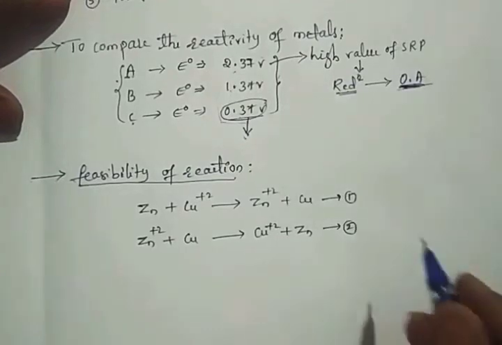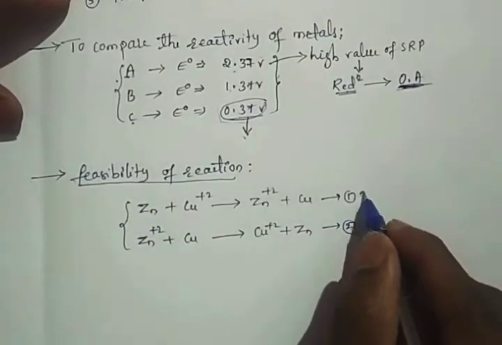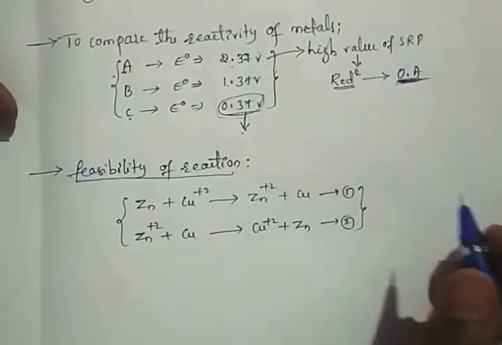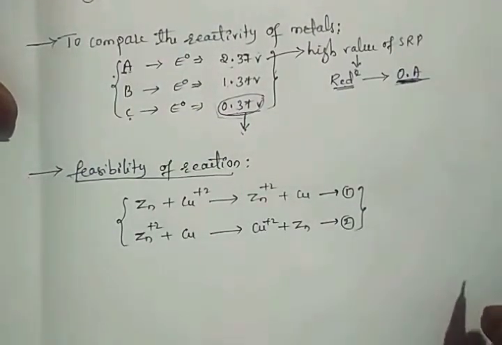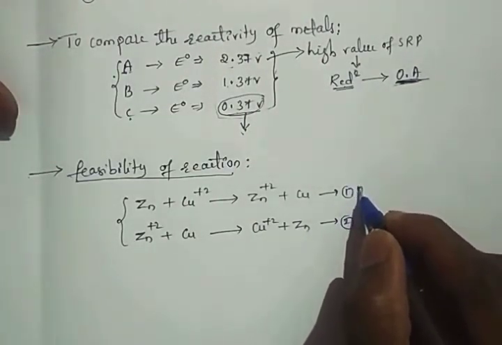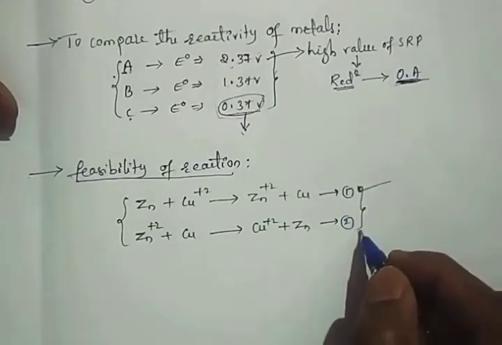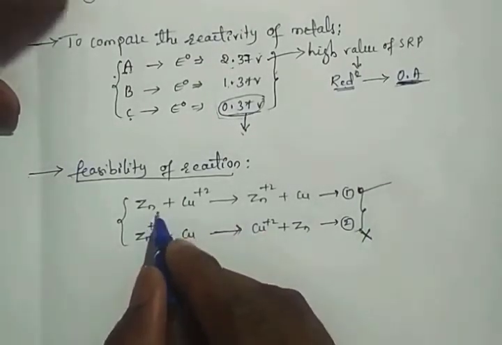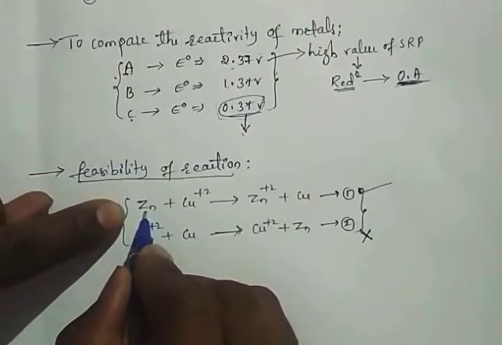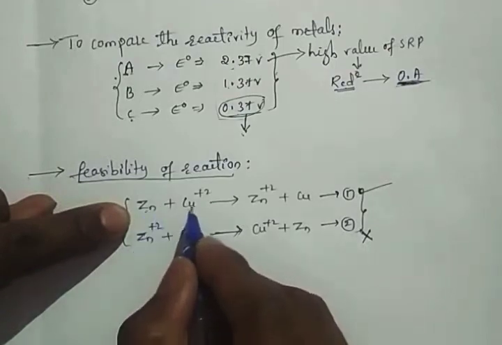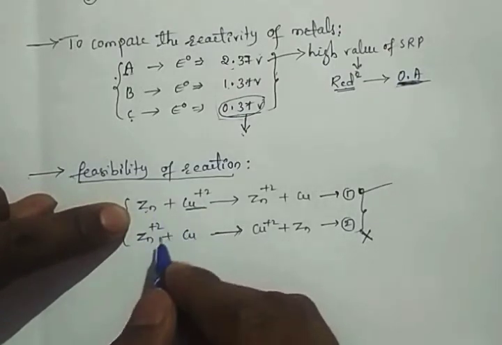You can predict which reaction is possible and which is not. Among these two, which reaction is feasible and which one is not? Of course, you can predict. You select the first one as the feasible reaction, whereas the second one is not possible in this direction. Because in the first reaction, zinc is more reactive than copper, therefore zinc can displace the metal from less reactive compounds.